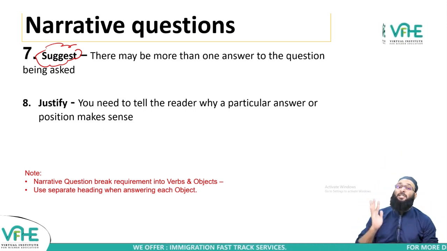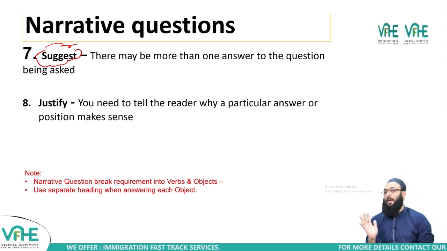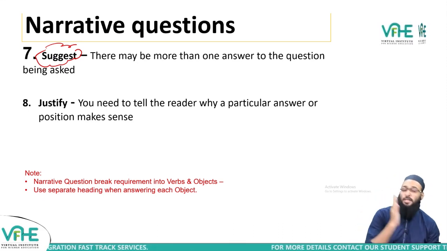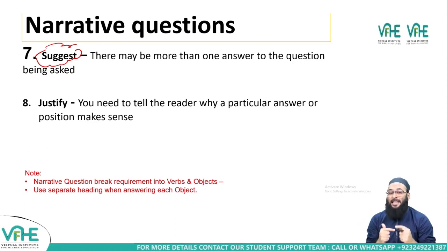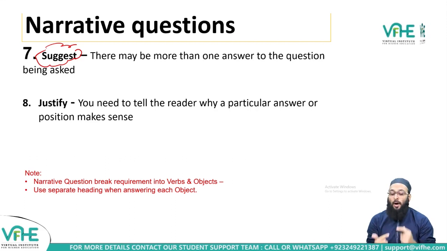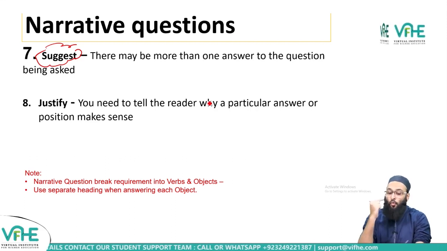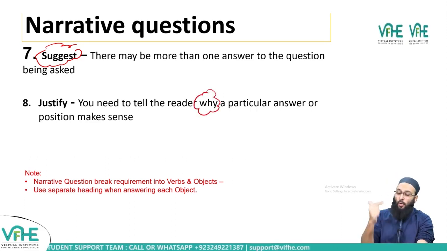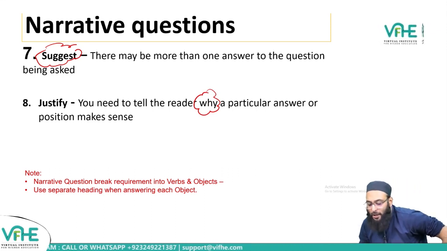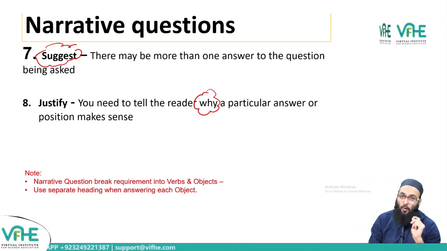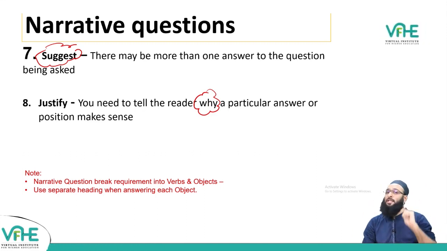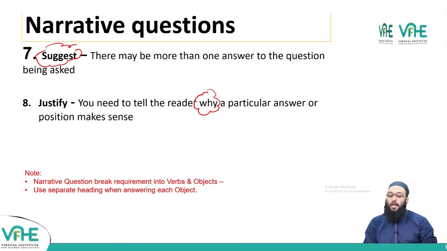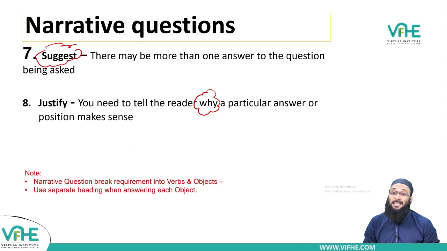But if they say suggest and justify the measure, now the second verb requires you to tell why this measure is the one that you are suggesting here. Tell the reason why you are suggesting it. So in justification, you need to tell the reader why a particular answer or position makes sense.